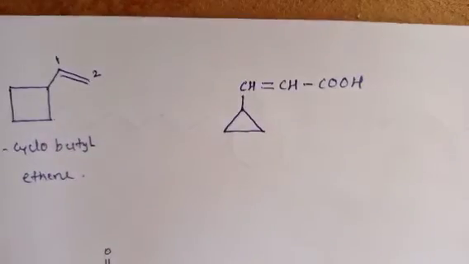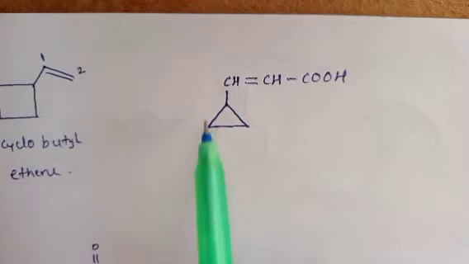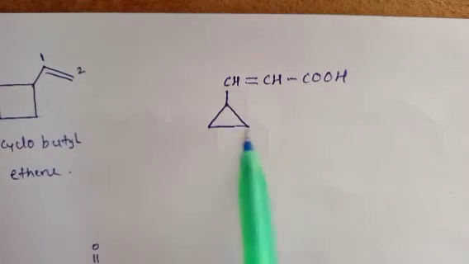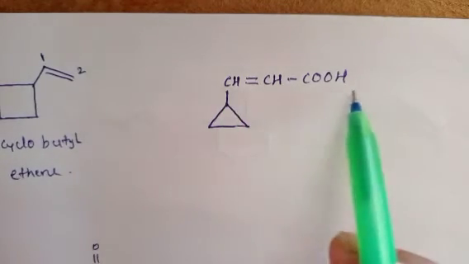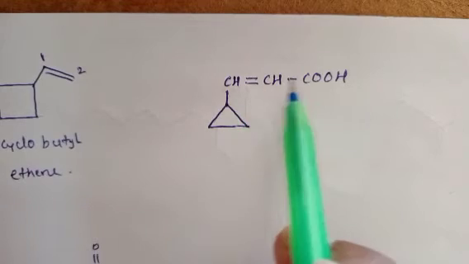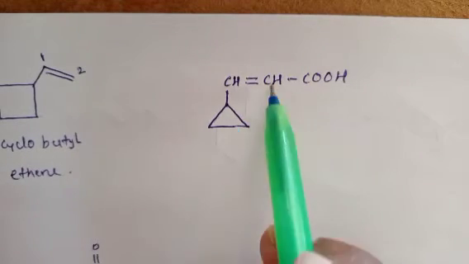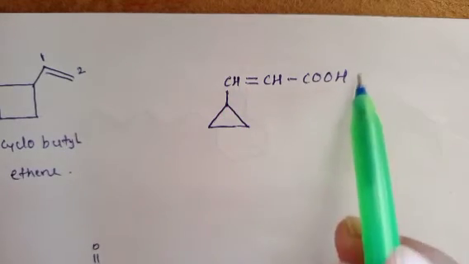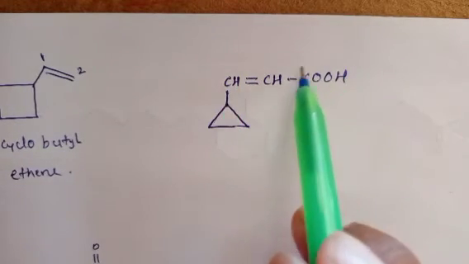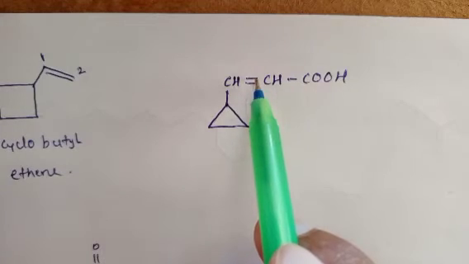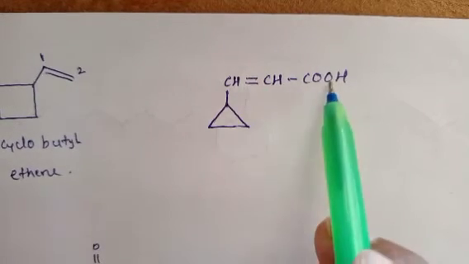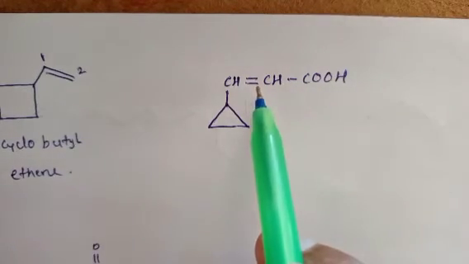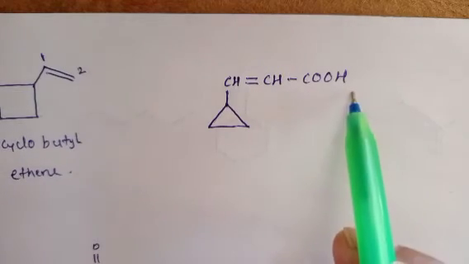Right. Next example. This is cyclic ring, contains 3 carbons. This is alkyl part, but this one contains 2 carbons. So 3 same, but this alkyl part containing functional group and also multiple bond. But comparing these two, functional group and multiple bond, which is the main one? Functional group is the main one.